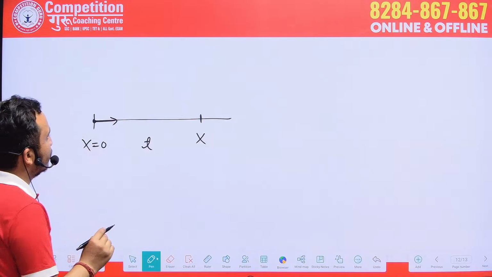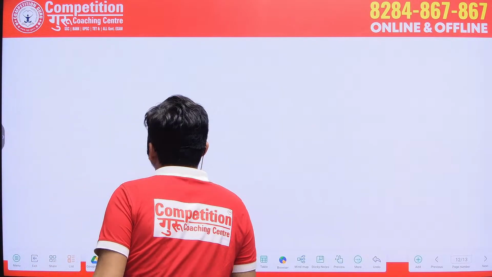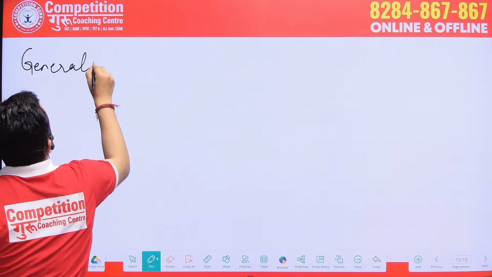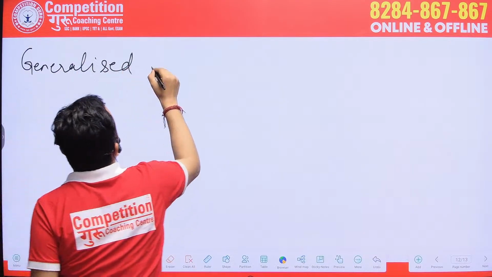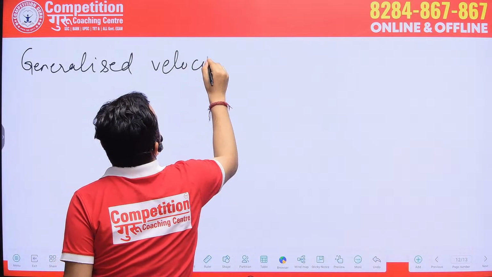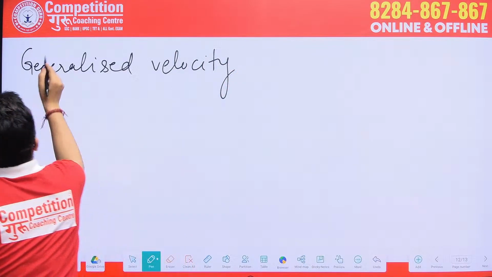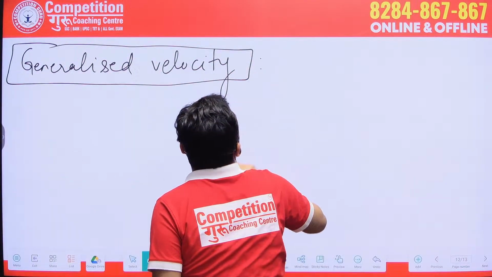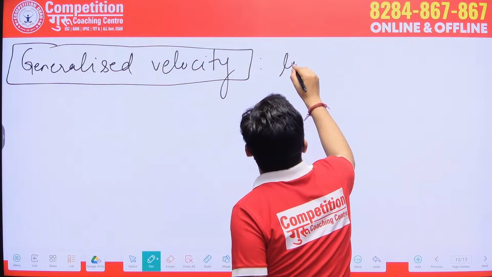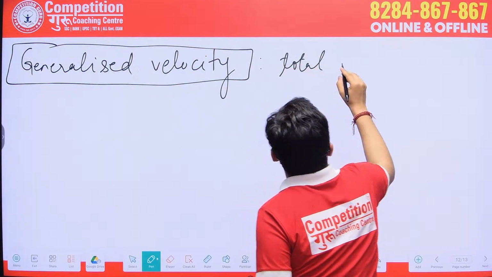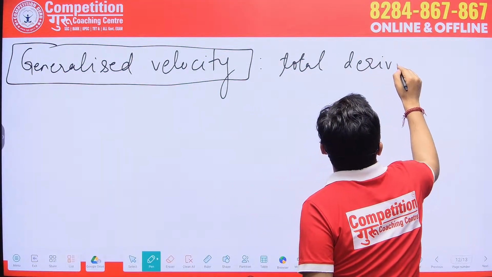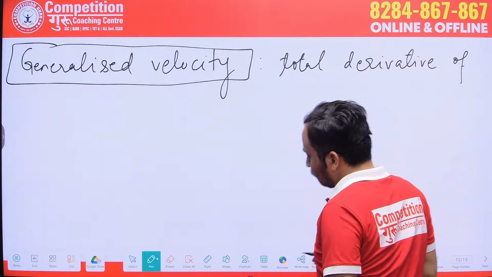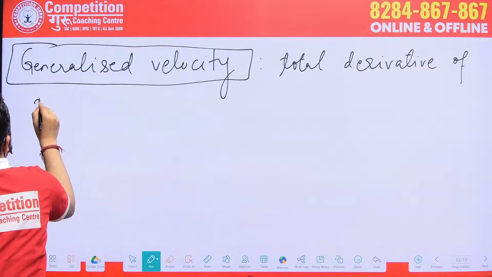So now we will discuss the generalized velocity. Generalized velocities are simply the total derivatives of generalized coordinates.